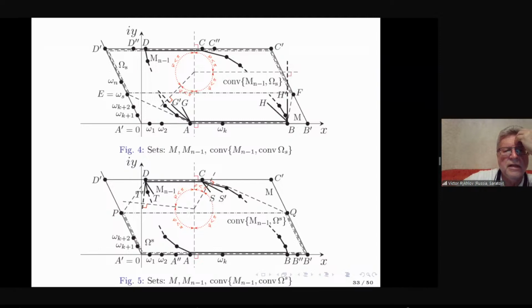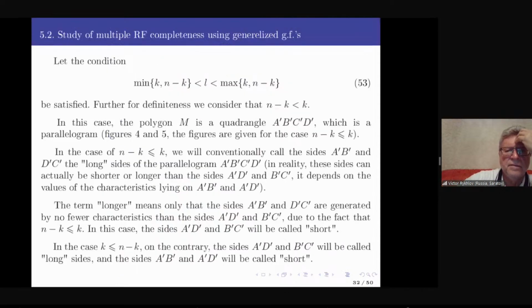The polygon A prime, B prime, C prime, D prime is M. In the case of n minus k less than or equal to k, we will conventionally call the sides A prime, B prime, and D prime, C prime the long sides of the parallelogram.